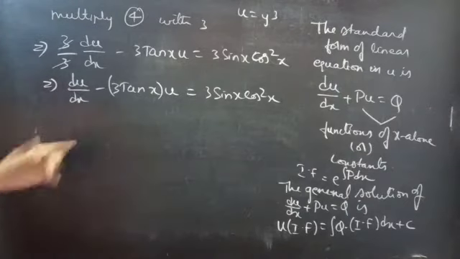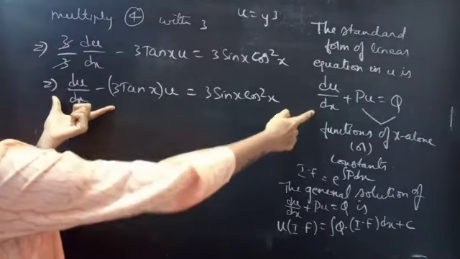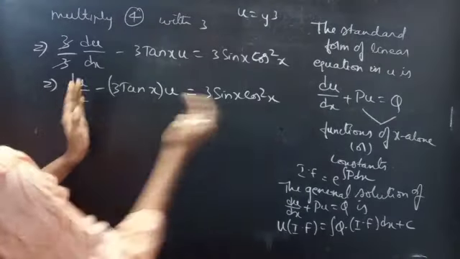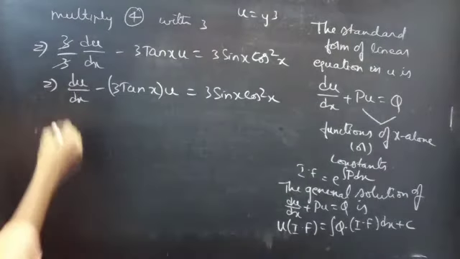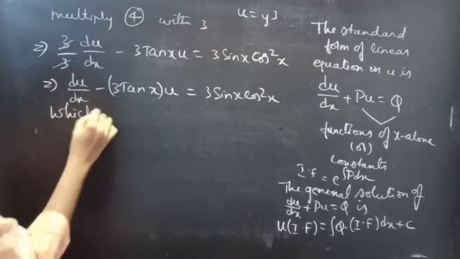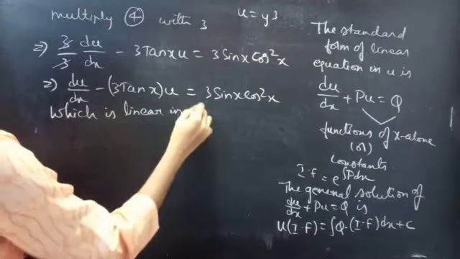Now compare this equation with the standard form of a linear equation in u: du by dx plus p into u equals q.